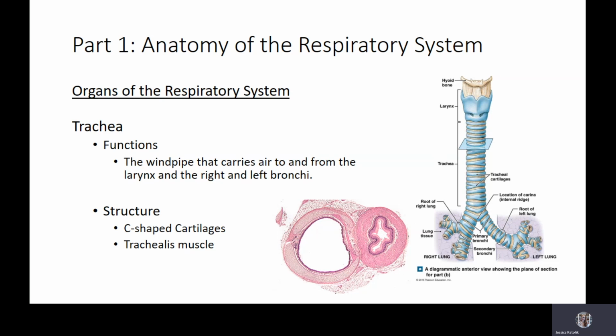And so that would actually lead to obstruction, and the air would get stuck in our lungs. So the tracheal cartilages hold the trachea open so that the air can pass through, even though there is a high pressure system within the thoracic cavity. We'll learn more about this high pressure, low pressure systems when we talk about ventilation in our next video.